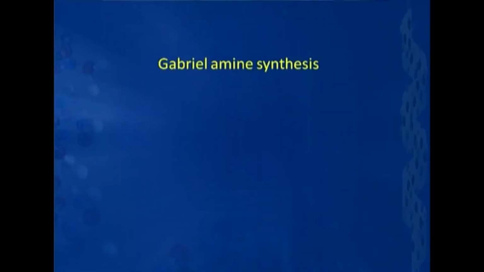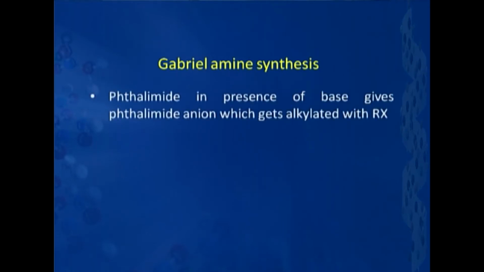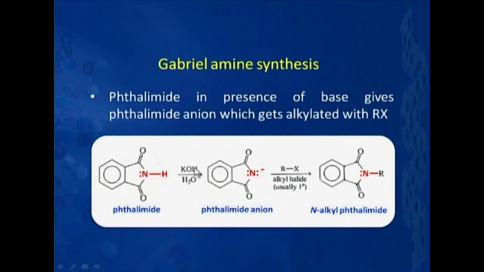But before we move further, it will be worthwhile to recall what these two methods are. Let us recall the Gabriel method of amine synthesis. In this method, we take phthalimide. Phthalimide in the presence of a base like KOH gives me a phthalimide anion, and this anion can be treated with an alkyl halide, and what you get is an N-alkyl product, that is N-alkyl phthalimide.